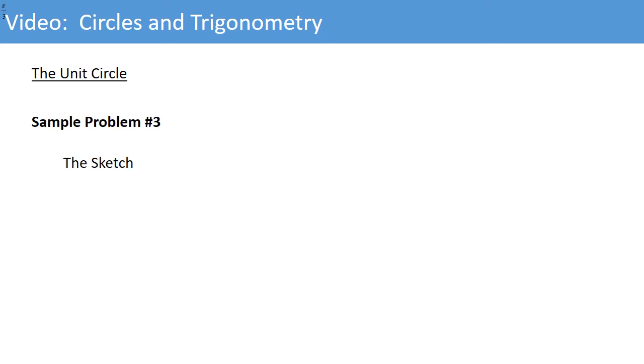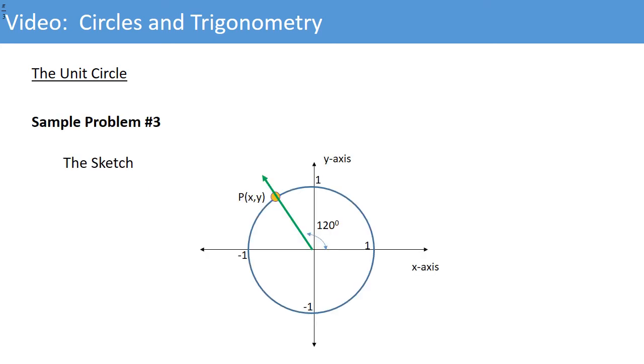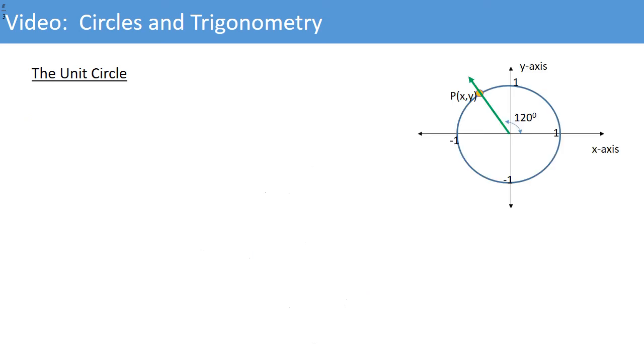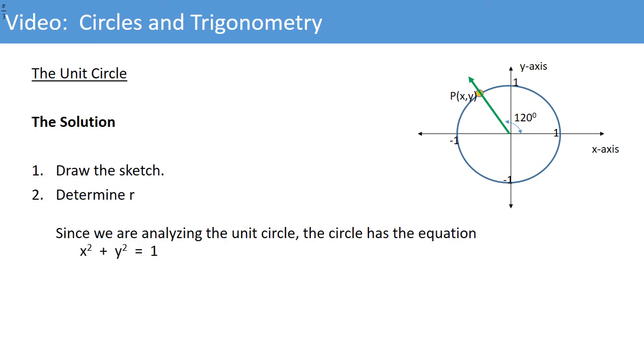Here is the sketch. We have an x and y coordinate system. We have a circle with radius 1. We have a point on the circle with coordinates x, y, and we have a terminal arm. The measure of theta is shown to be 120 degrees in standard position.